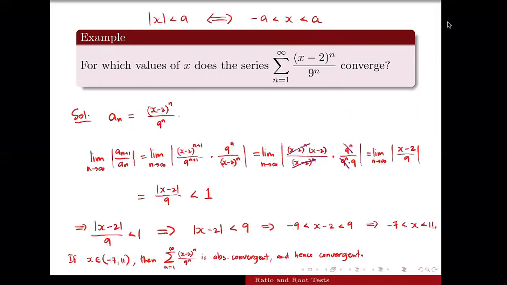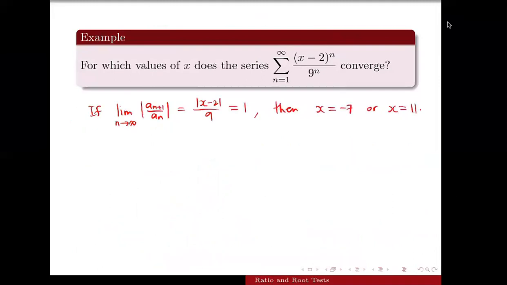That's just based on this computation, as well as this, you just put everything as equality. They are just the endpoints of your interval. So we will talk about that later. But you will be able to see that if the limit is equal to 1, then you will have these two values for x.